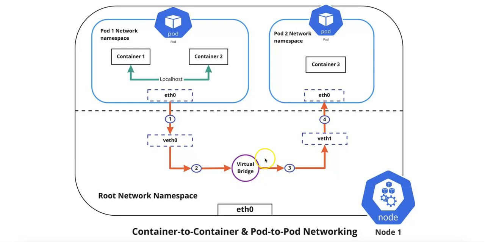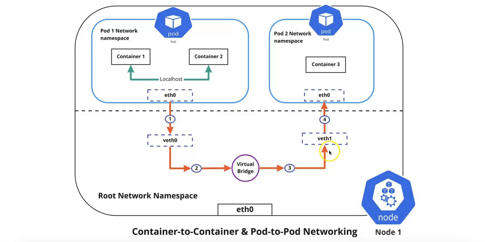And then step 3 is traffic forwarding. The virtual bridge decides to forward the traffic to veth1, the counterpart virtual Ethernet interface that connects to pod 2. The bridge sends the traffic out on veth1, facilitating the communication between pod 1 and pod 2. And the final step is step 4, traffic reception.